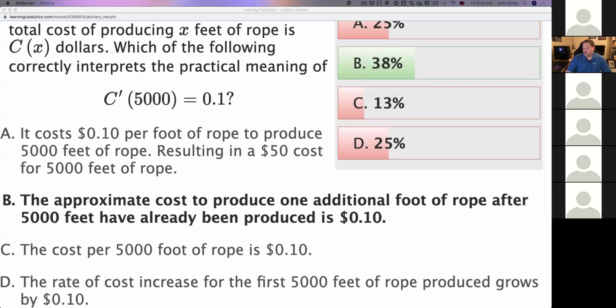The same thing is true on D. The context here is not correct because I'm not talking about anything about the first 5,000 feet. So remember, the derivative is a local thing. It only talks about what happens over the next one unit starting from where you are. It doesn't talk about any of the stuff that happened before. So if your explanation involves anything about the 5,000 feet before, it'll be wrong. Okay, so B is the only one that makes sense here.